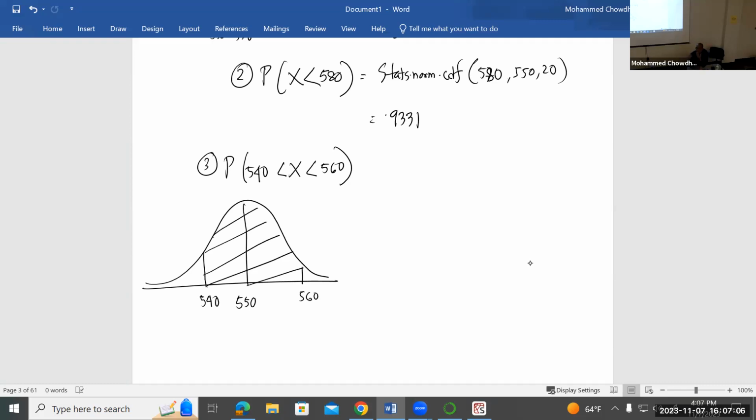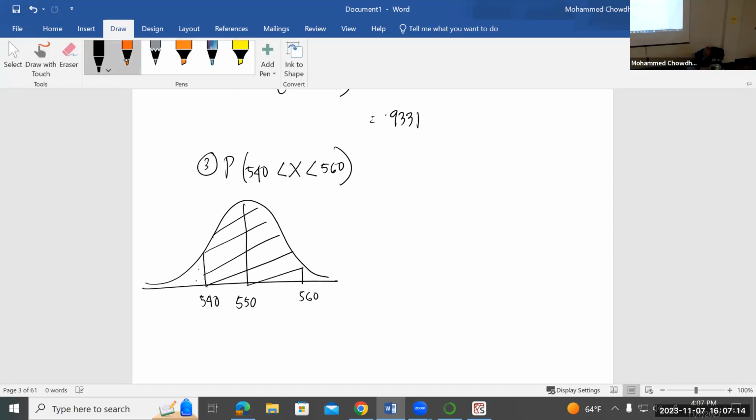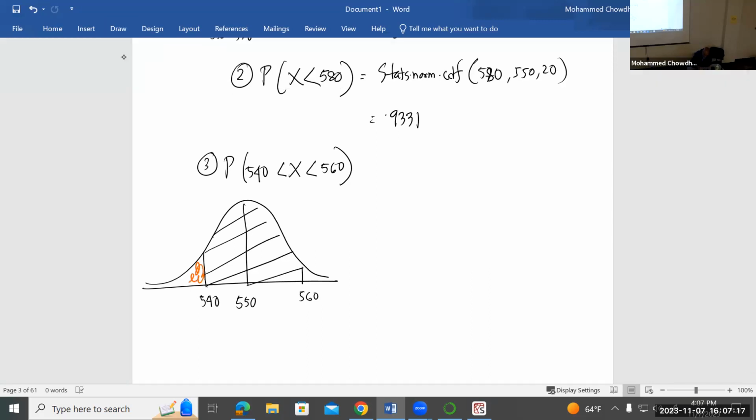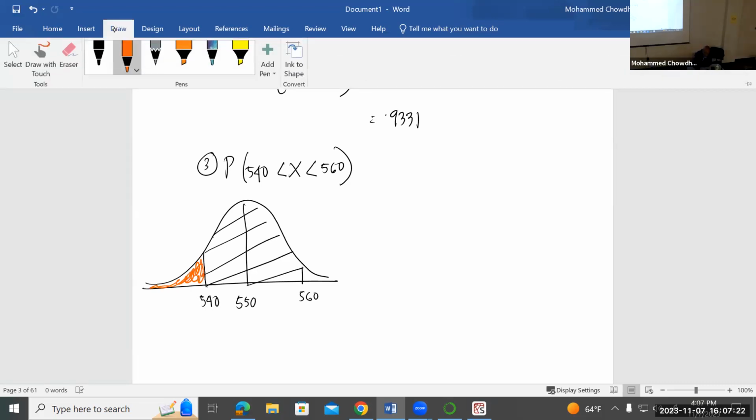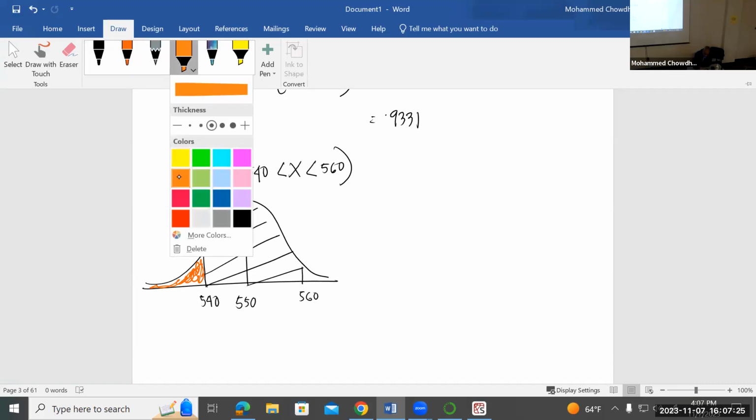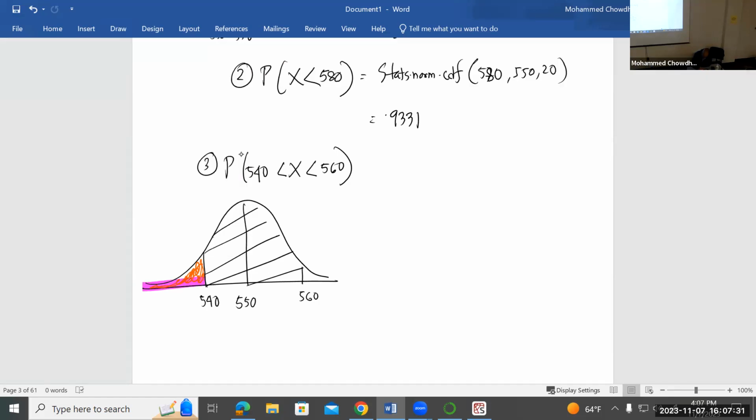So I need to subtract this area from this area. From the whole pink area, I am going to subtract the orange area. Do you understand?